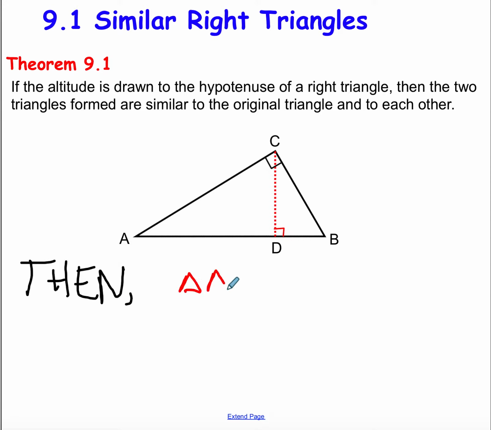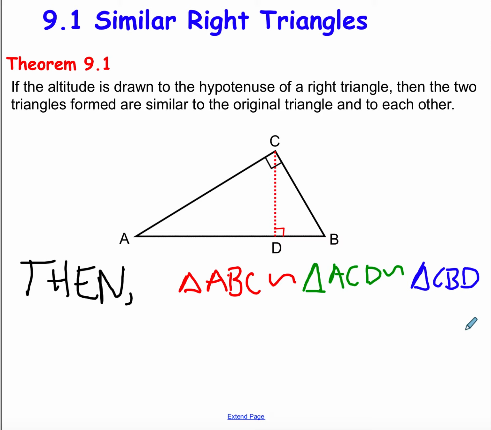triangle ABC, our original one, is similar to triangle ACD, which is also similar to triangle CBD. And if you remember, there are two things that we know about triangles that are similar.